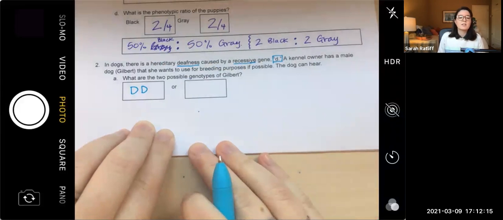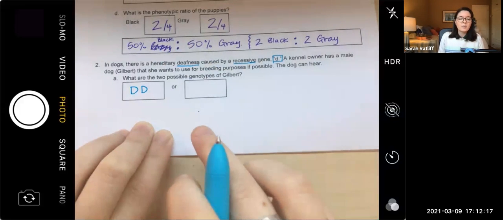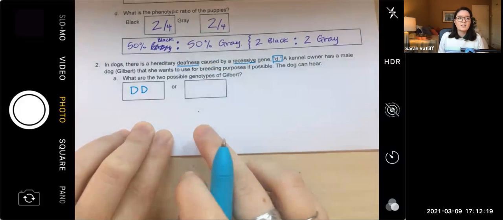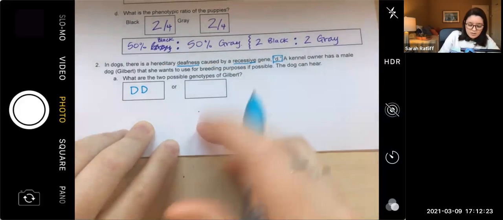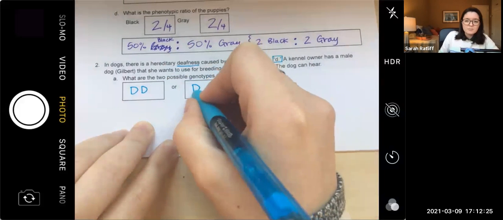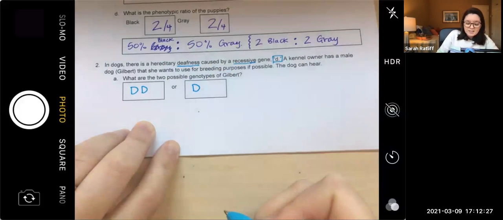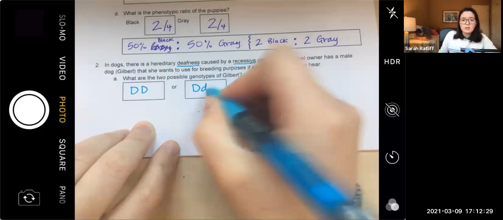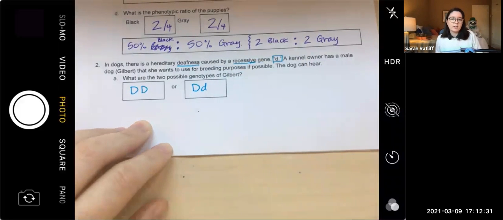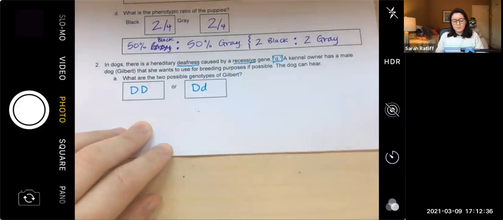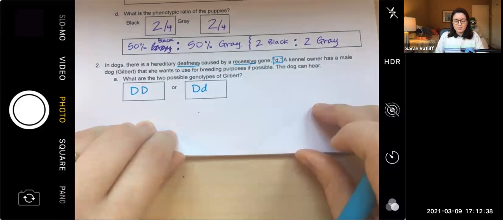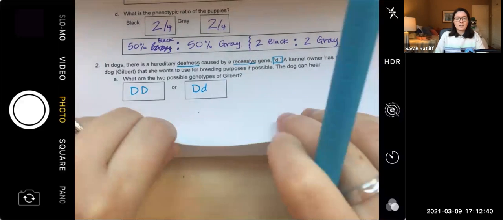That's because if there's at least one dominant allele, that dominant trait will be expressed. All right, so that means he needs at least one dominant allele. And if he's heterozygous, he's still going to be hearing, but he will have just that little heterozygous mini recessive gene that is not being expressed. All right, let's move on down.